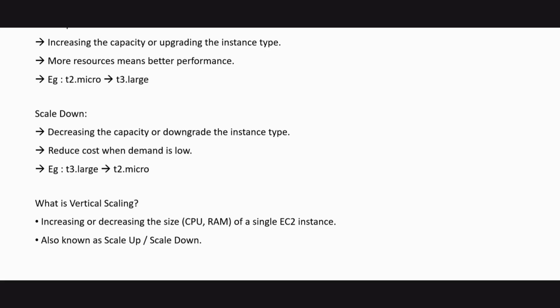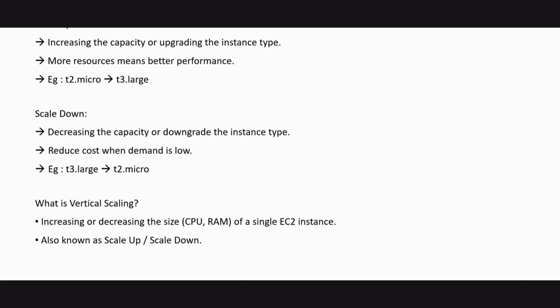And after that, what is vertical scaling? Increasing or decreasing the hardware configuration, CPU or RAM, of one EC2 instance is nothing but vertical scaling. Scaling up is increasing the capacity or upgrading the instance type.